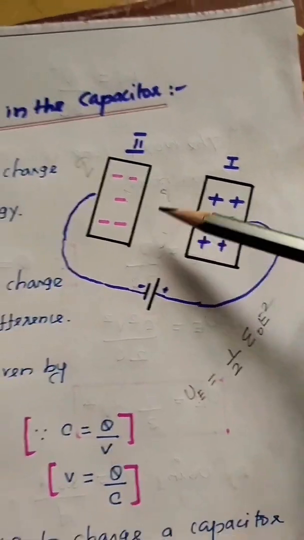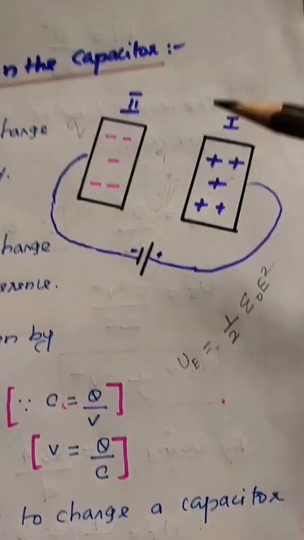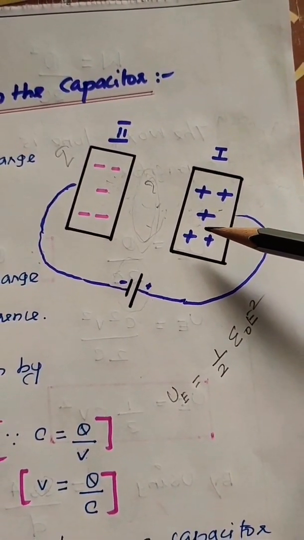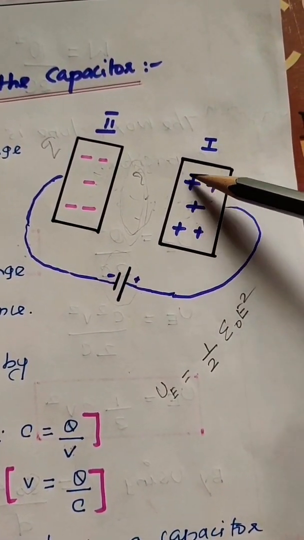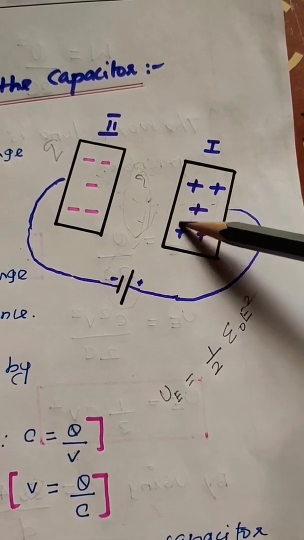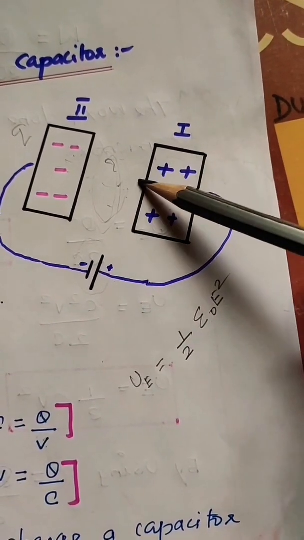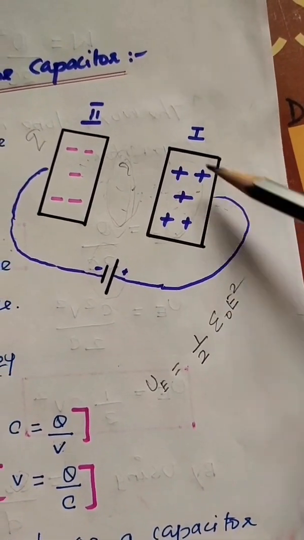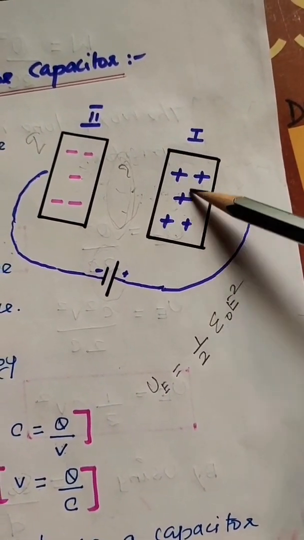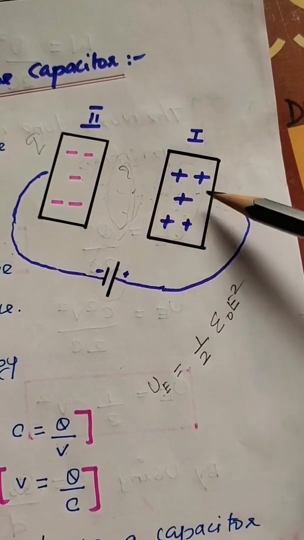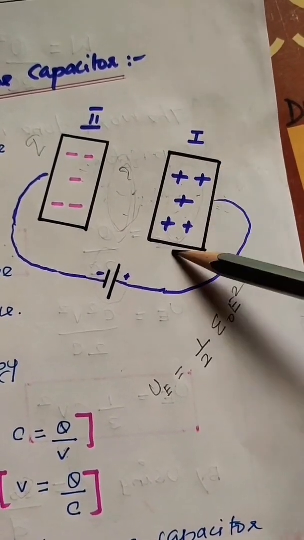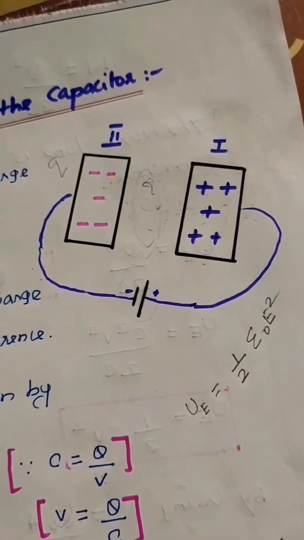Another important aspect is that the energy density depends only upon the electric field, not upon the size of the parallel plate capacitor.